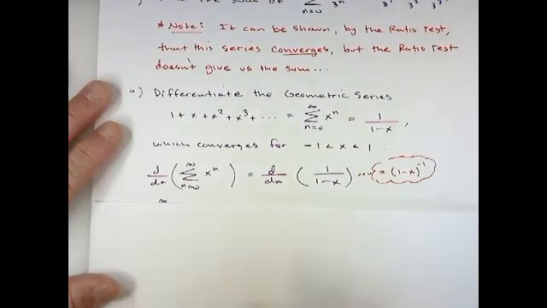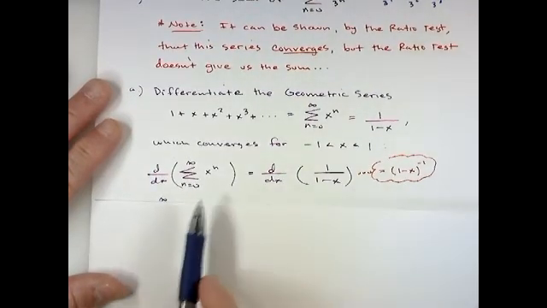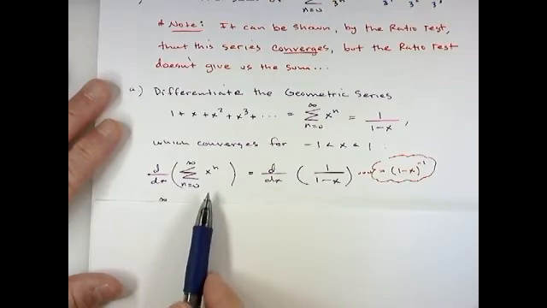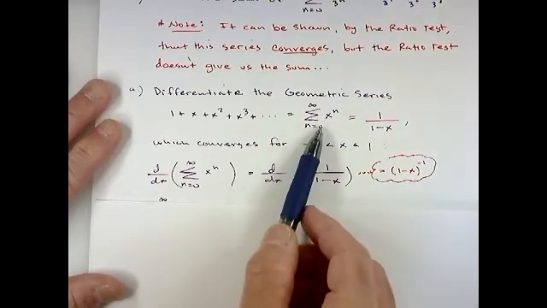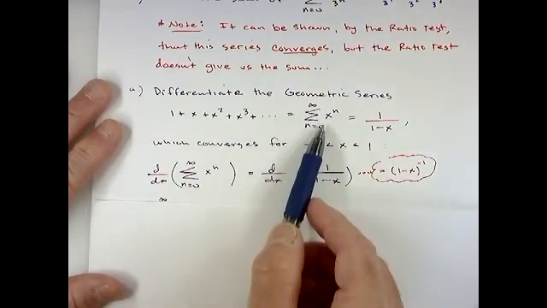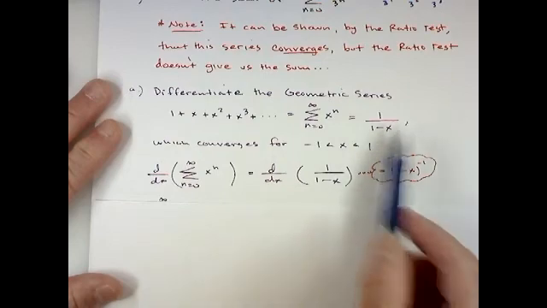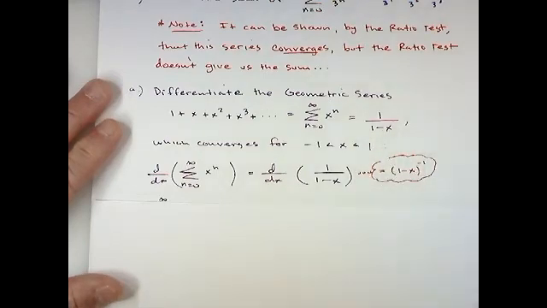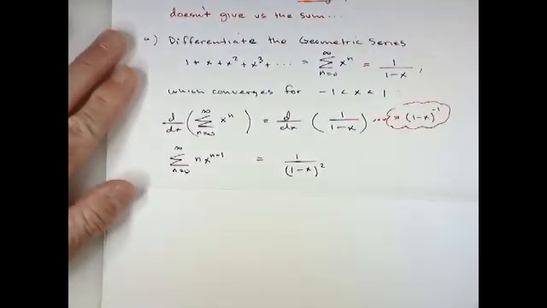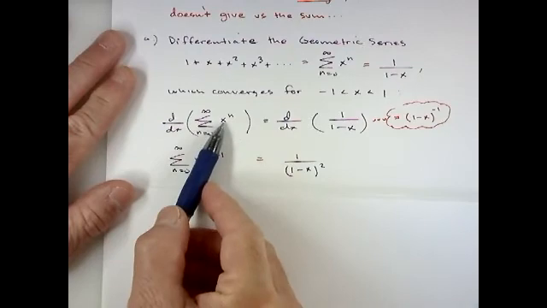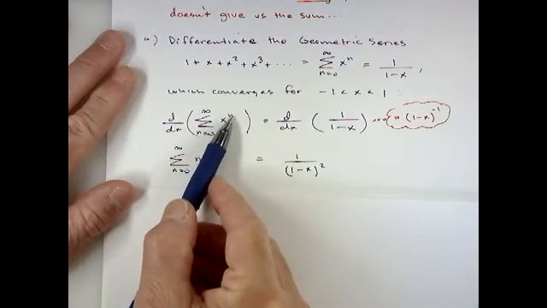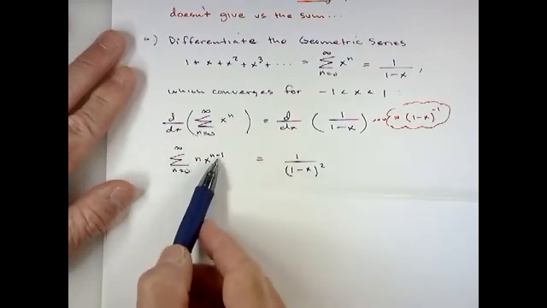Now, we're going to take the derivative of this series on both sides. So we're going to take the derivative of the summation from 0 to infinity of x to the n, and we're going to take the derivative of what the sum equals. Now you can take derivatives of series with respect to x, and just like you would if x was a number, you bring that power down and subtract 1.